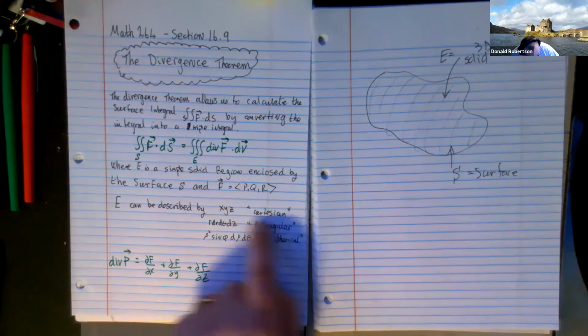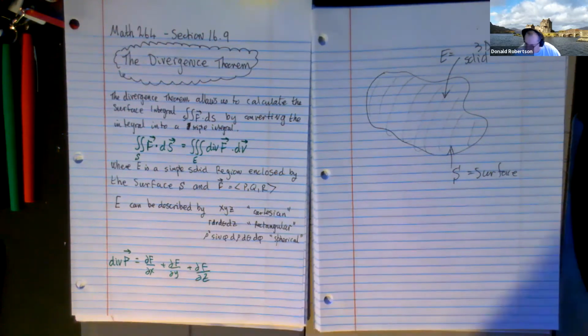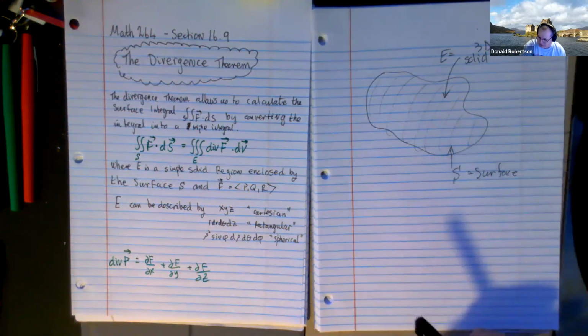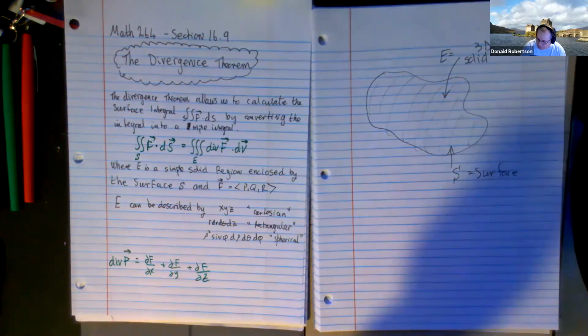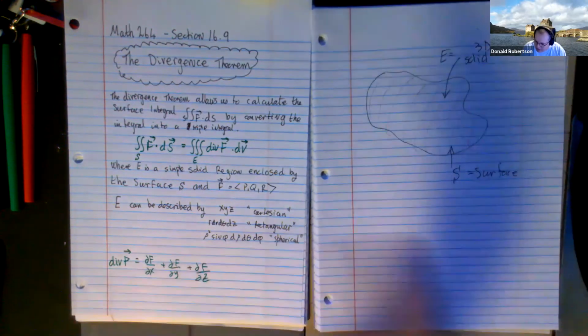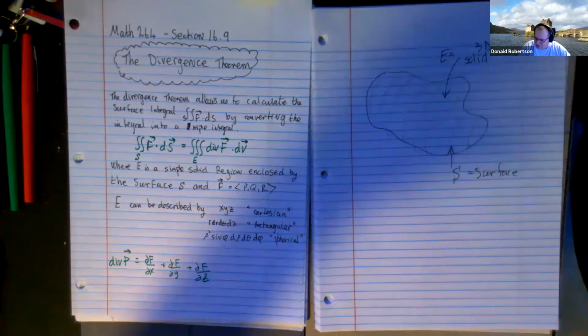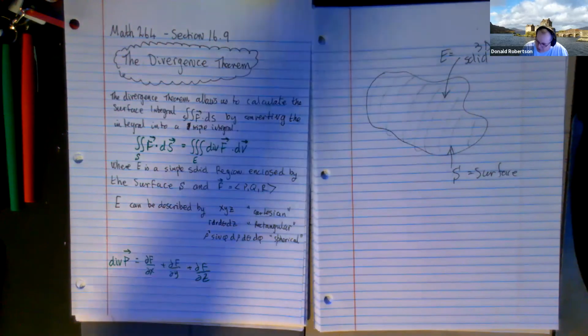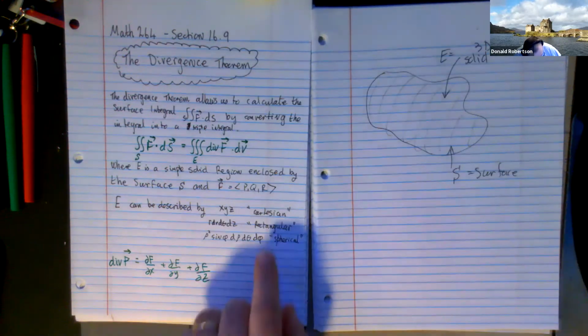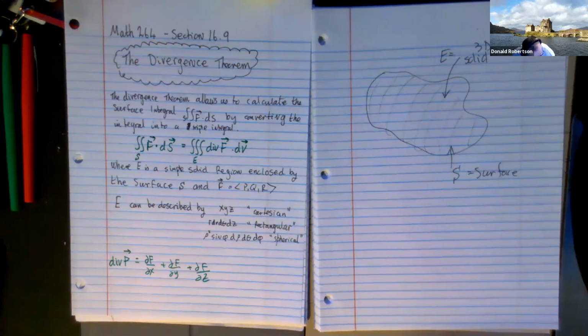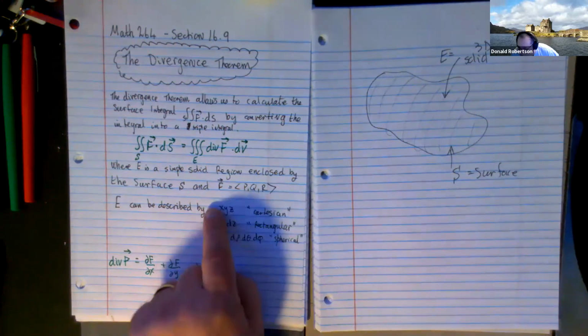If the region is more to do with cylinders, some kind of cylinder in a dimension, maybe with funny angles at the end, so it's not just a tin can, it's a tin can with cuts at the end, you're probably going to go cylindrical. And if the region is just some kind of nondescript region with no particular structure to it, you're probably going to do X, Y, Z.